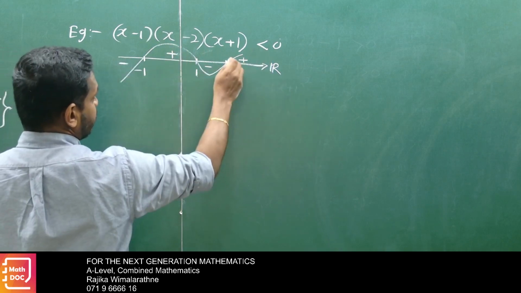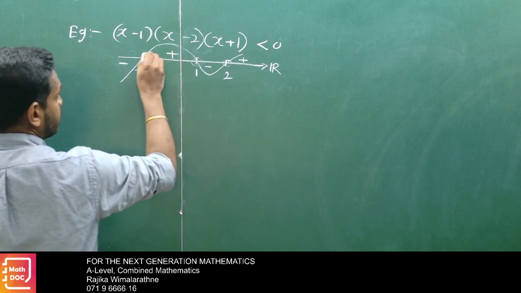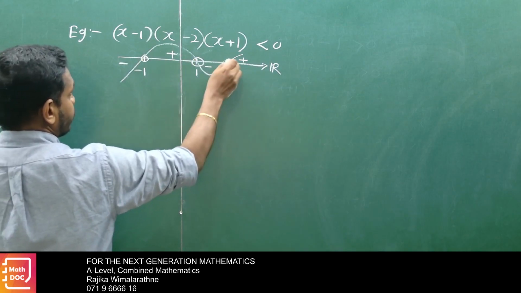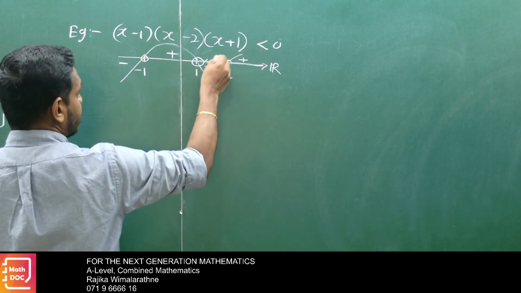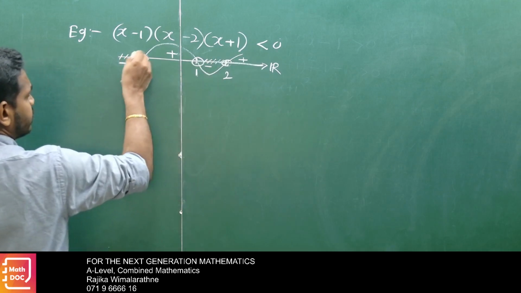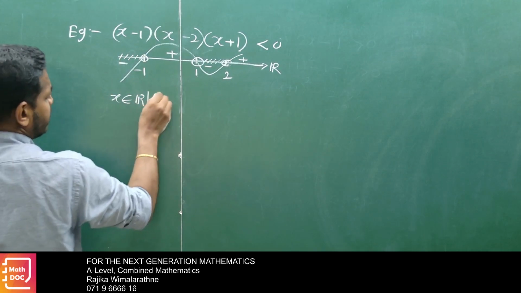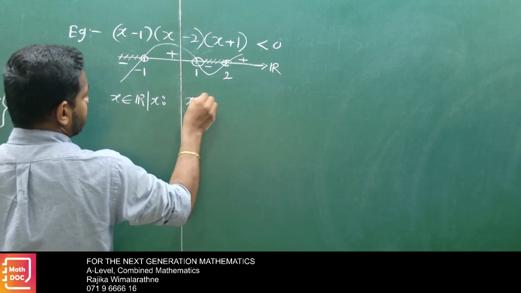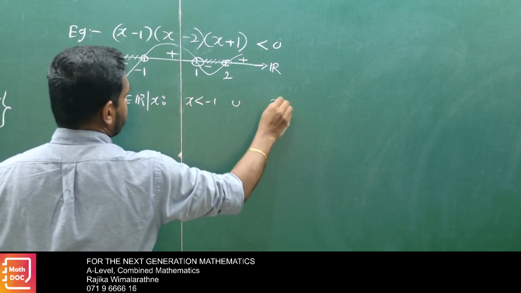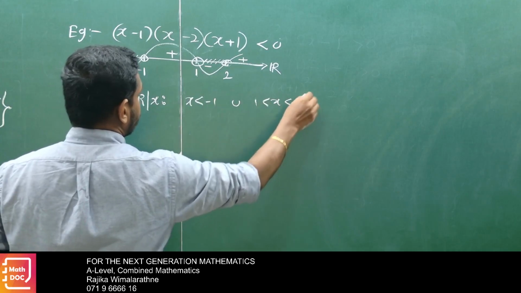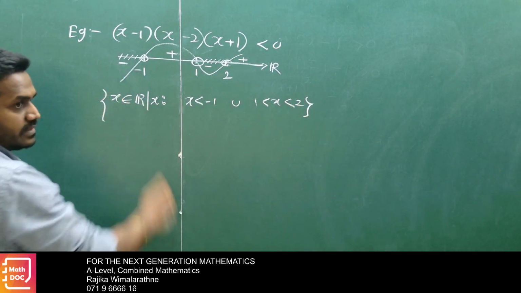We don't have equality, so you remove these points. Select the negative regions. Then the final answer is the shaded region: x element of real set such that x less than minus 1, union x in between 1 and 2. That's how we evaluate.